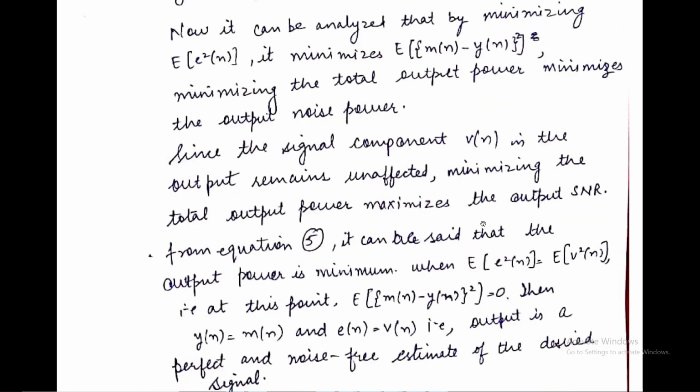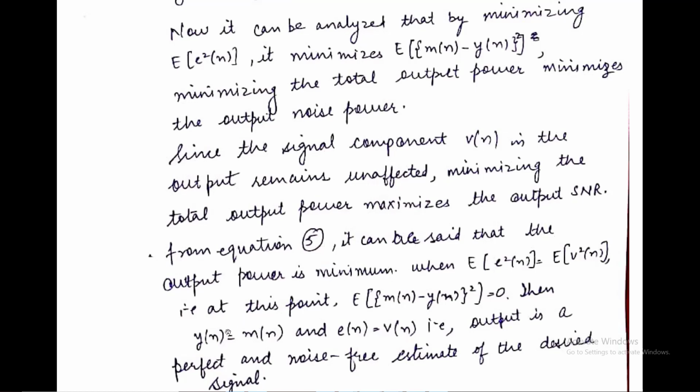It can be said that the output power is minimum when this E, or I can say the expectation of this square error, is equal to the expectation of the desired signal square, and at this point this error function will be 0.